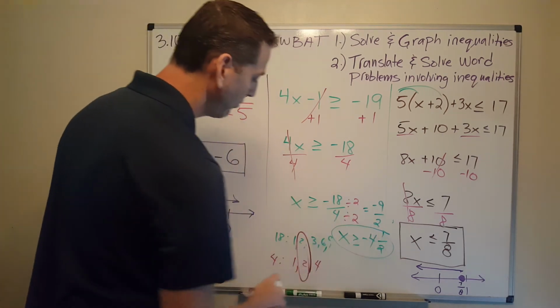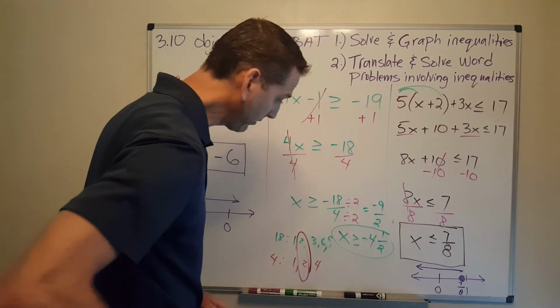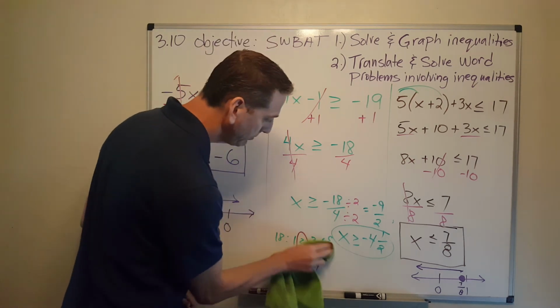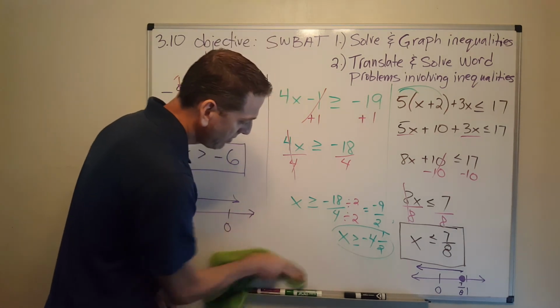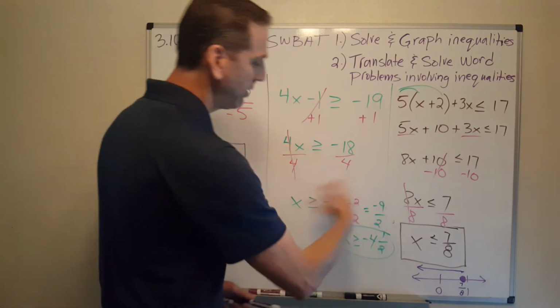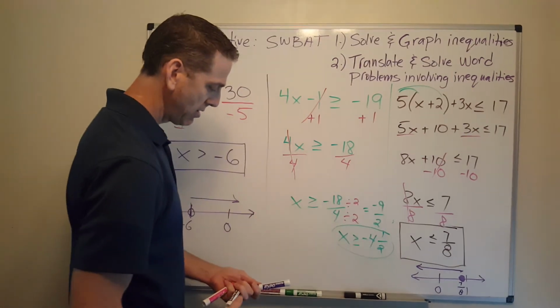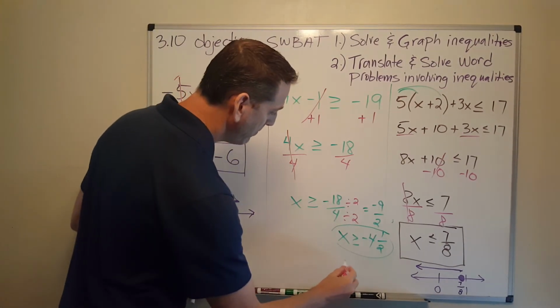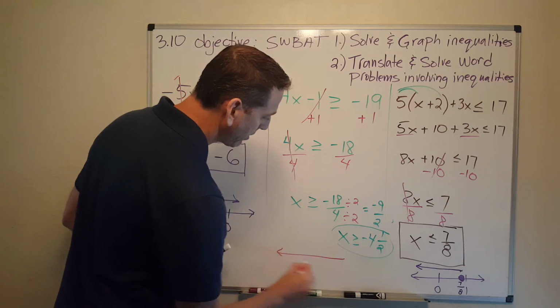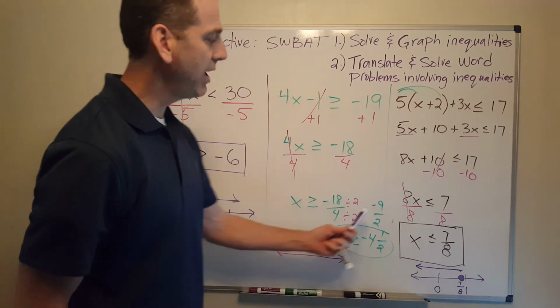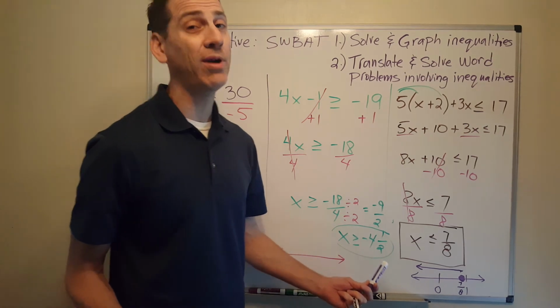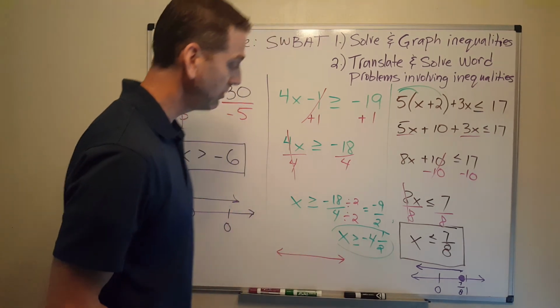All right, let's take a look at this one over here. First of all, let me kind of clean it up. Let's see if we can graph this. Go ahead and use pink. Okay, so that's -9/2 or -4.5. Might be a little easier to see, right?